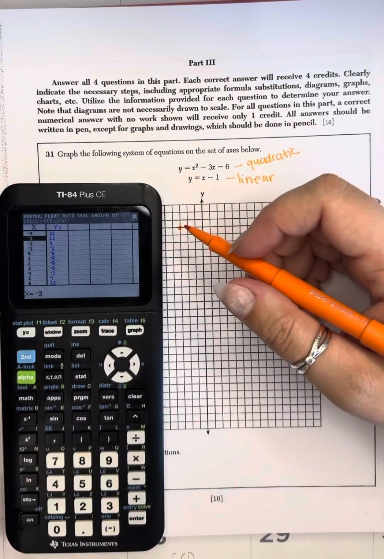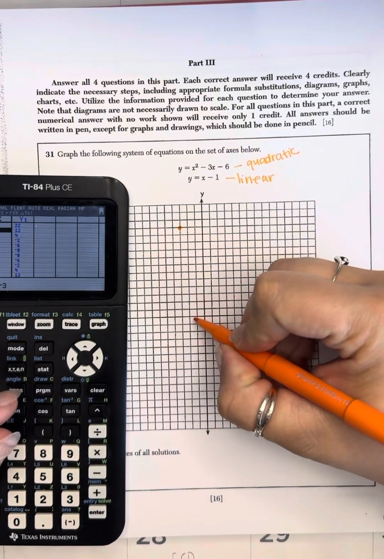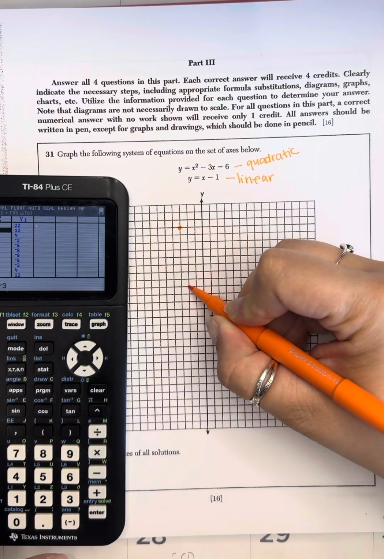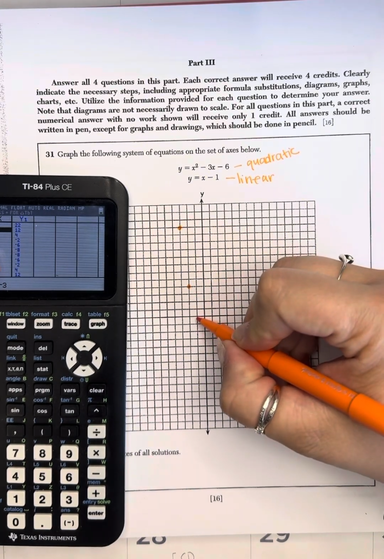My next point is negative 2, 4. So left 2, up 4, make your point. And we're just going to keep going.